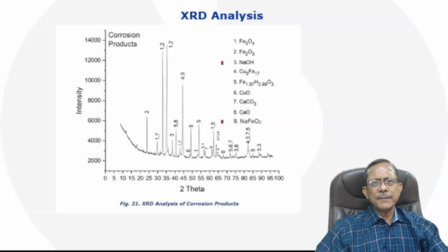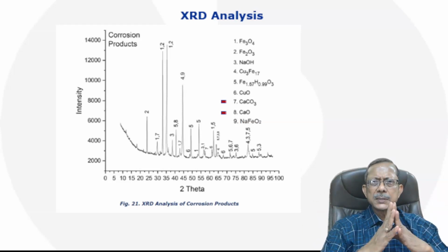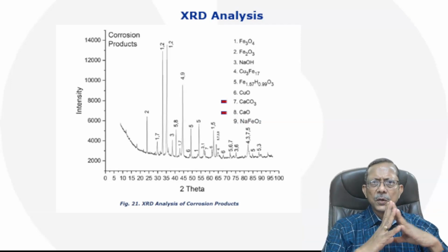And the third thing I have noticed is that they are also showing calcium carbonate and calcium oxide in the deposit. Now, calcium, magnesium, these are called hardness. And in a boiler system, in boiler water treatment, hardness is always maintained nil, right? If hardness is at all coming, then there is a possibility that the hardness is coming from somewhere else, not from the treated water.